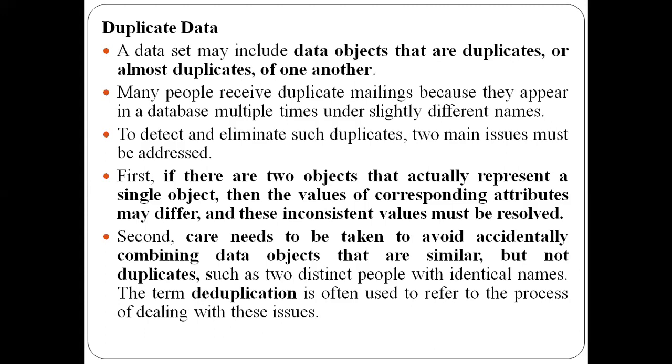If you try to combine them, it will not be considered duplicate data. You need to maintain a separate copy whenever you have two different data objects which look similar to each other but are not actually the same object. Then you cannot combine such data objects. So you need to take care of such things.